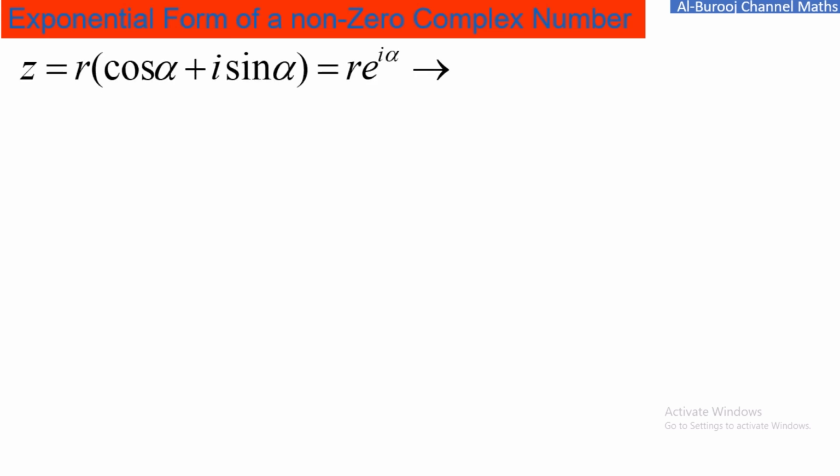In this video I will explain the exponential form of a non-zero complex number. Z equals R into cosine alpha plus i sine alpha is the trigonometric form of a non-zero complex number, the exponential form is R e^(i alpha).